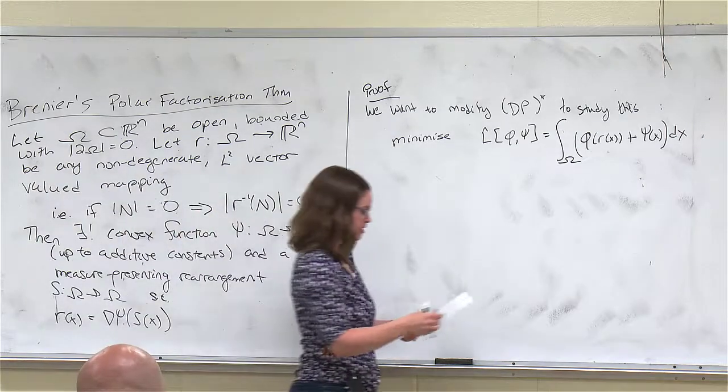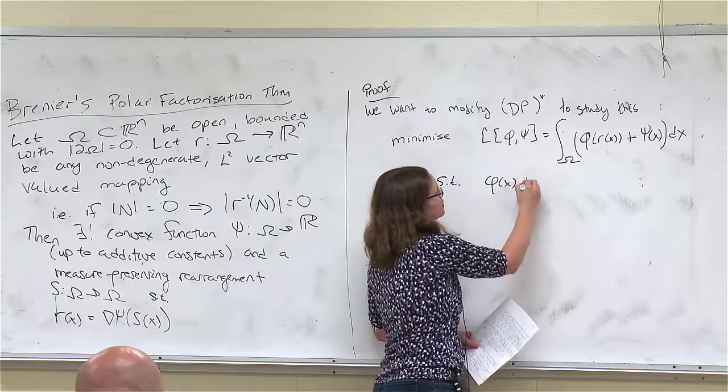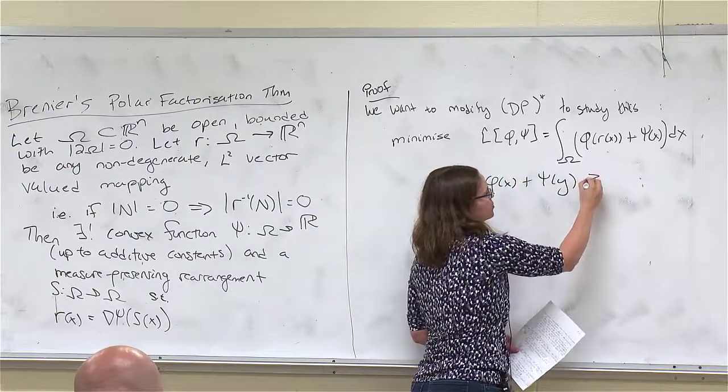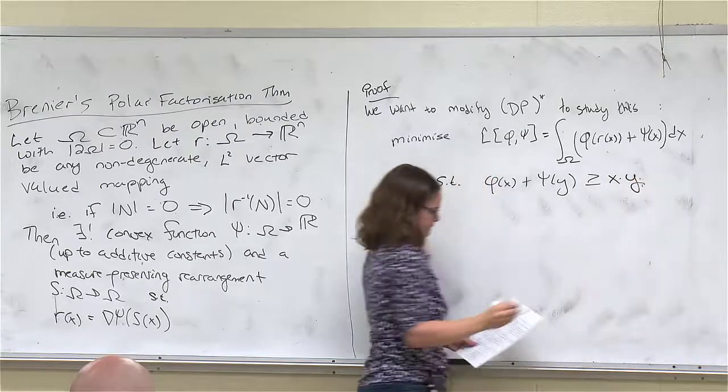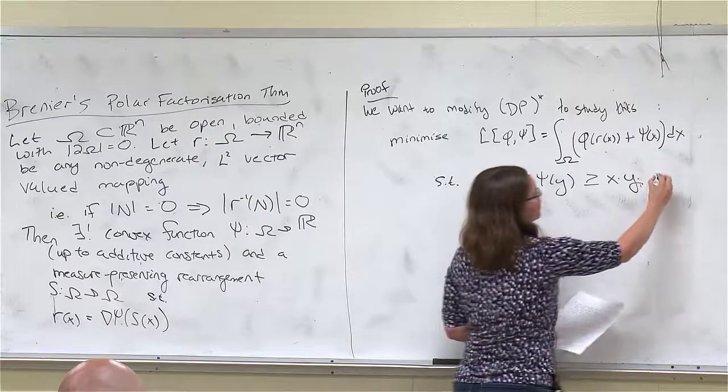And we're going to use the same constraints that we had before. So subject to phi of x plus c of y is greater than or equal to x dotted with y, for all appropriate x and y.